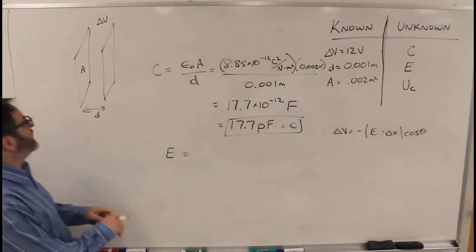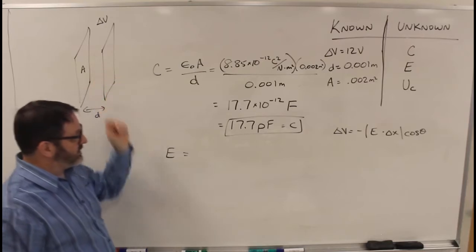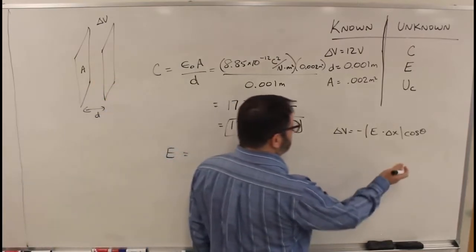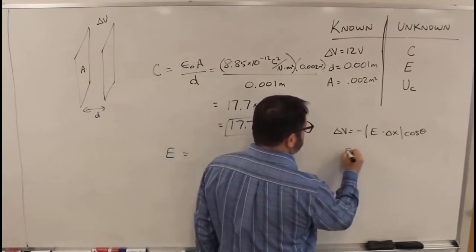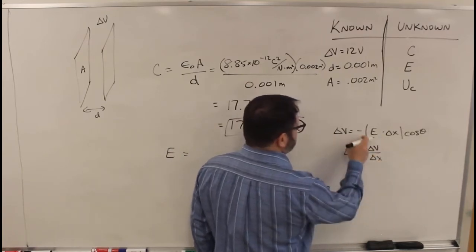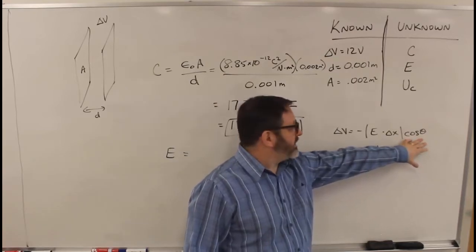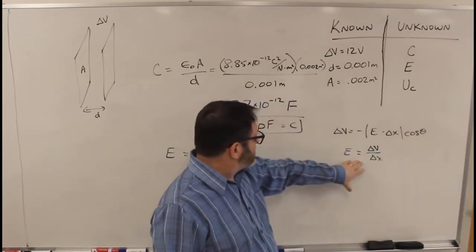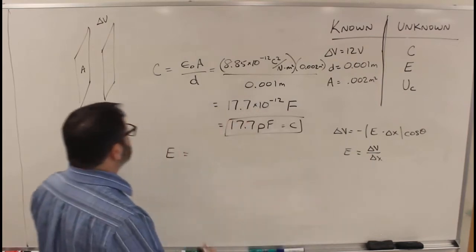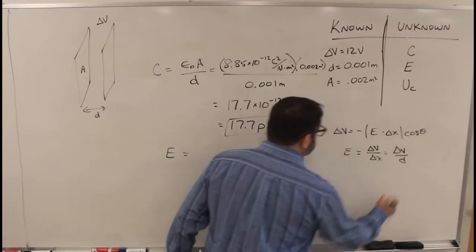The cosine theta, the E field runs the same direction as the distance D that we're going to deal with, so we don't need to worry about any of those. All we have is E is delta V over delta X, because all the signs went away and the cosine goes away because the angle is 0. So E is delta V over delta X, or in this case the delta X is just D.